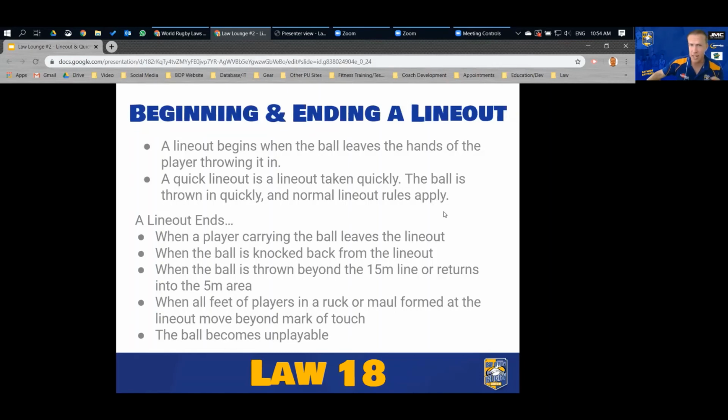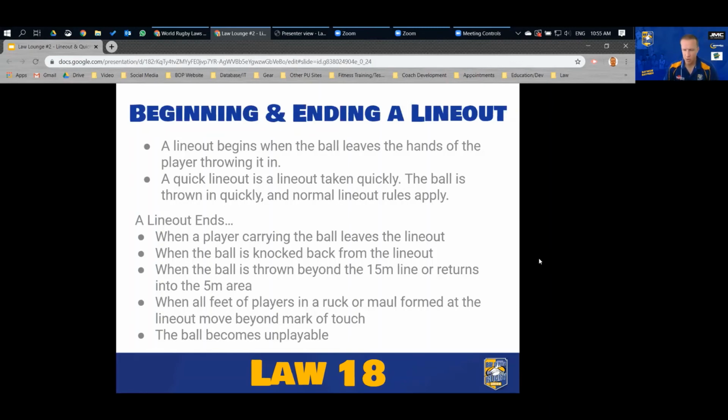So I mentioned that a couple of them are really just management things. If they get infringed, it's probably best to have a conversation if you notice it, rather than blow your whistle. Because really, has it had a big effect on play? Is one team really getting an advantage from it?